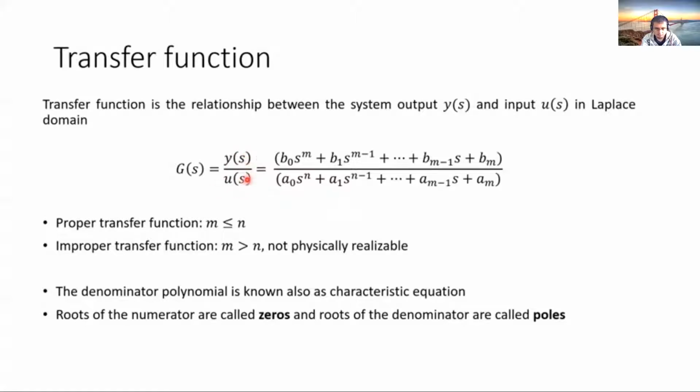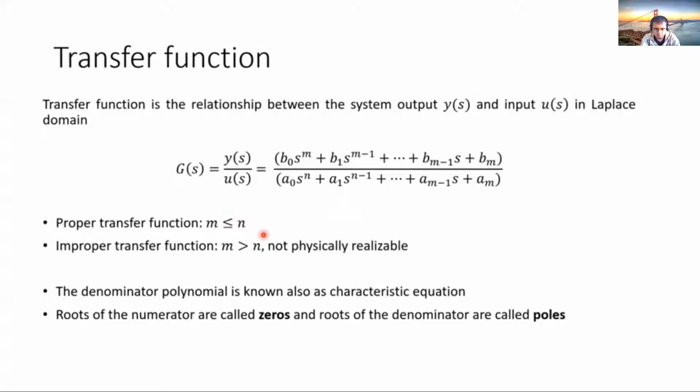Thus, the input and the output can also be represented by a polynomial, as you can see here. The polynomial in the numerator has this b and has degree m, and in the denominator, the degree is n. So the transfer function can be a huge polynomial in both numerator and denominator.